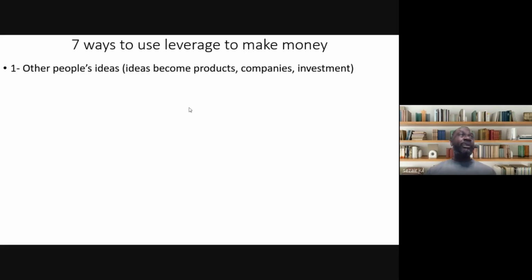Right now, if you're part of this class, you're leveraging all my knowledge. That's real leverage, because it's a 100% return. You don't pay anything. Right? Okay. Wow, that's a great example.